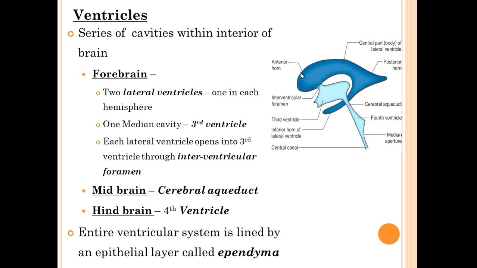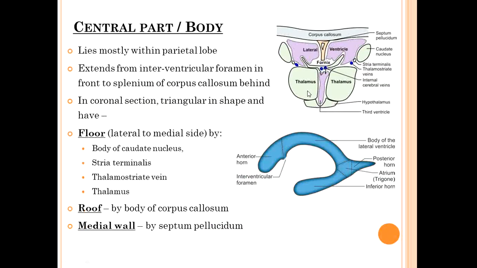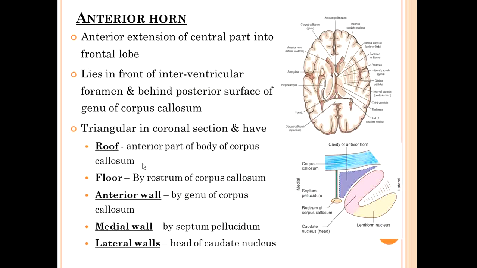So here you see, this will be the roof, this will be the anterior wall, this will be the floor. The anterior wall here will be formed by the genu of the corpus callosum. You can see the floor is formed by the rostrum of the corpus callosum. The medial wall is formed by the septum pellucidum, and the lateral wall is formed by the head of the caudate nucleus.